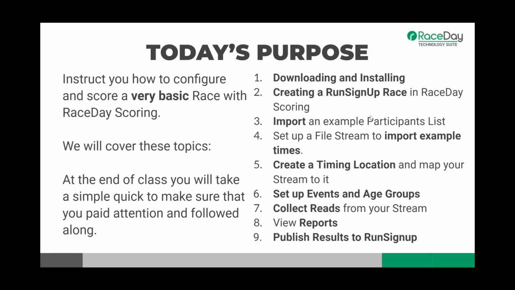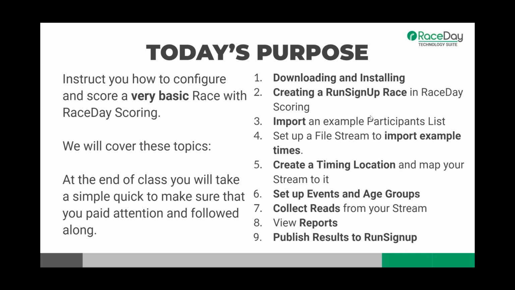Okay, so we're going to go into details on what we need to do today later, but basically today's purpose, again, is setting up a very basic race with RaceDay scoring. We're going to cover all these topics on the right here, and you're going to set up and build a sample race and be able to basically score it and generate results and publish them to RunSignup.